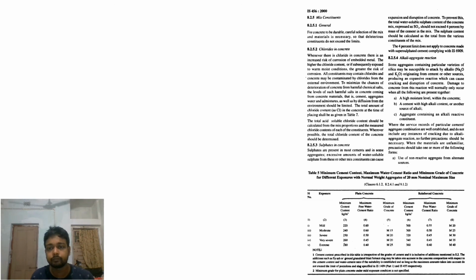Chloride content. The total amount of chloride content is in Table 7. Table 5, Table 6, Table 7 we'll talk about later. There is some condition. As per this condition, for PCC they have quantified the cement.